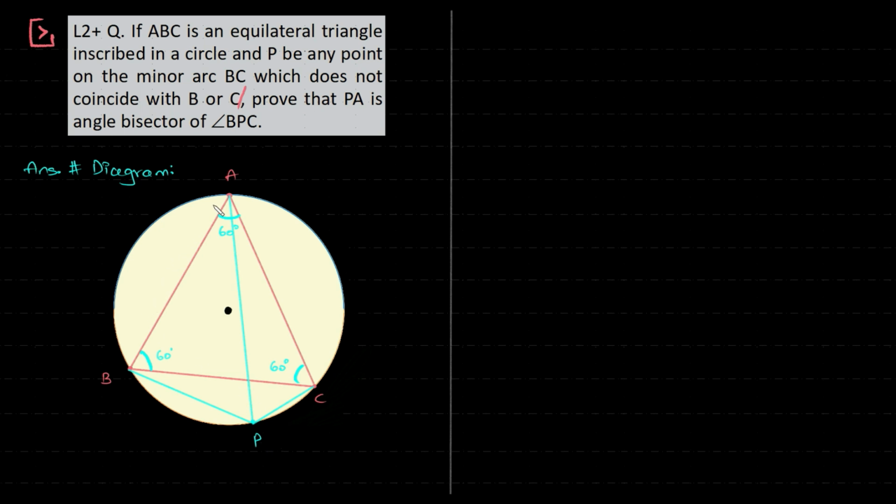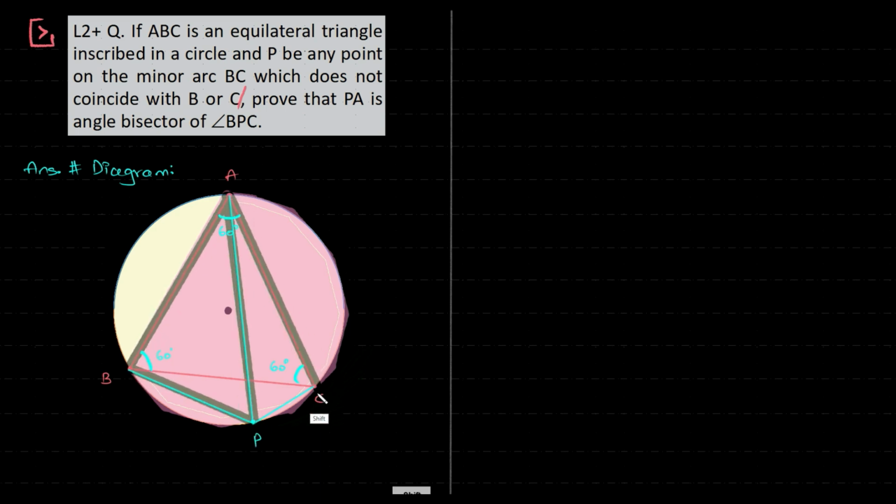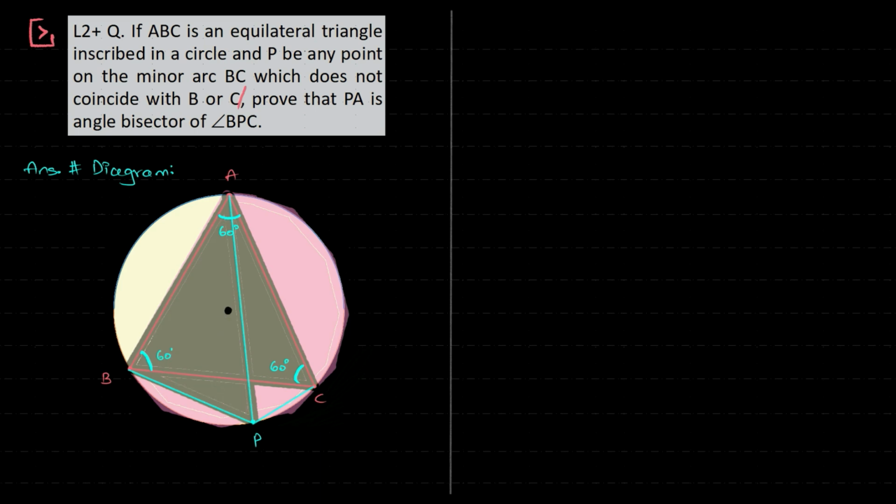Okay, so think about it. And the last clue is this. Are you getting it? The very last clue. Do you guys get that? Yes, no? Yes, right? Since this is 60, this has to be 60.